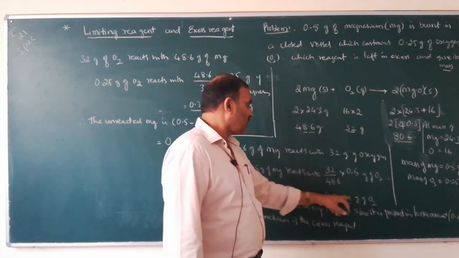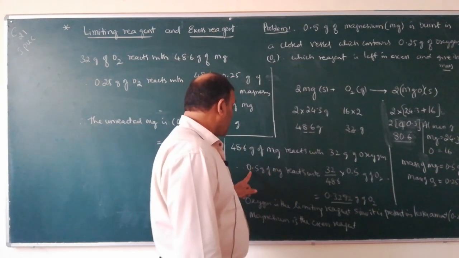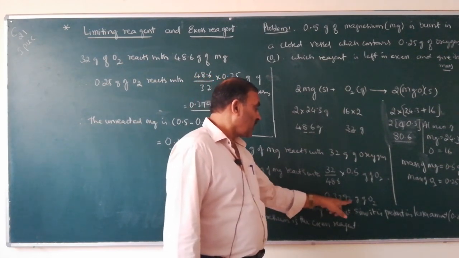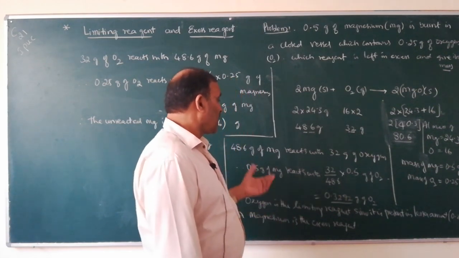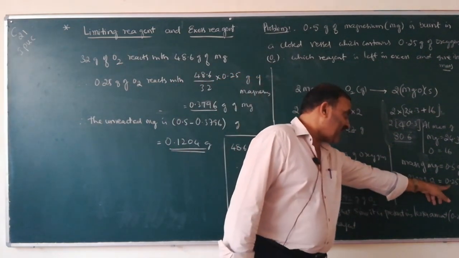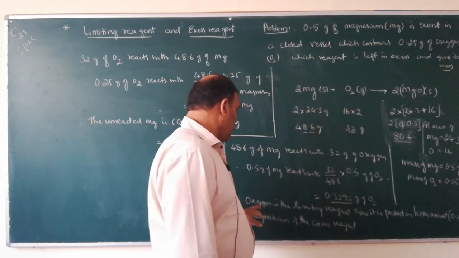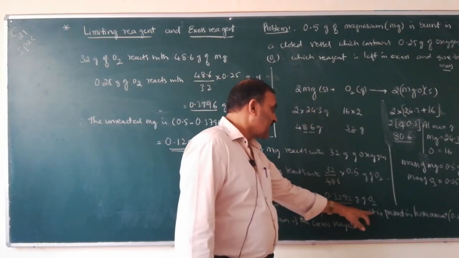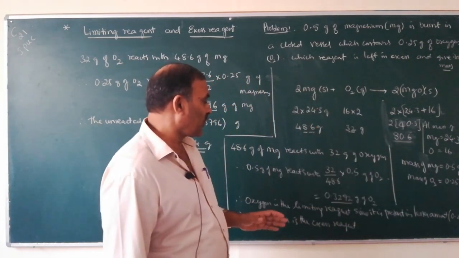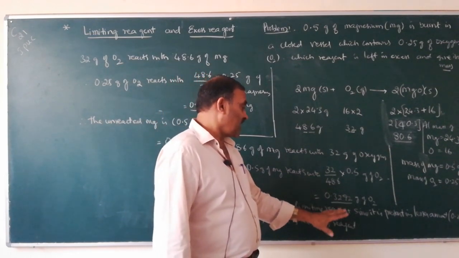This is the amount of oxygen required for the complete reaction of 0.5 gram of magnesium, 0.3292 gram. But the amount of oxygen present is less, 0.25 gram. Therefore, oxygen is the limiting reagent since it is present in lesser amount, and magnesium is the excess reagent.